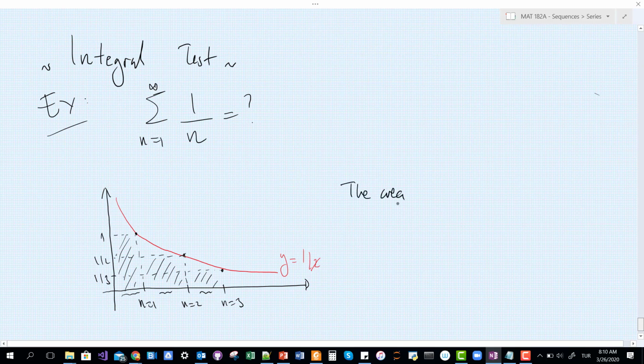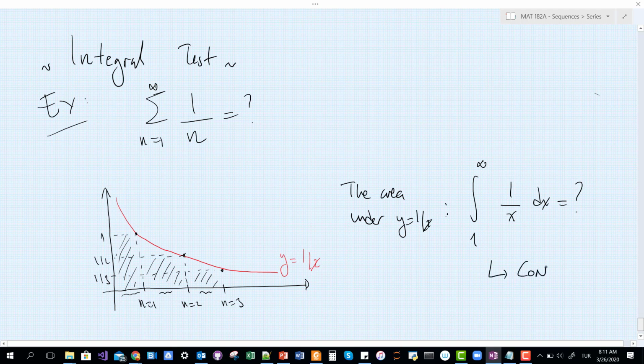The area under y is equal to 1 over x can be represented by this integral. Did you see that? So instead of asking the convergence of the series question, I can ask this question: is this integral convergent?